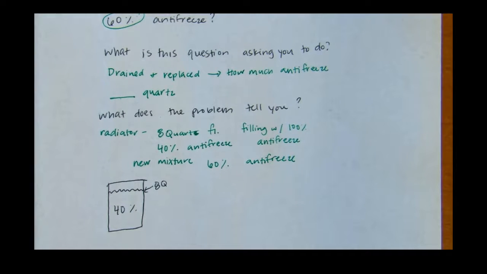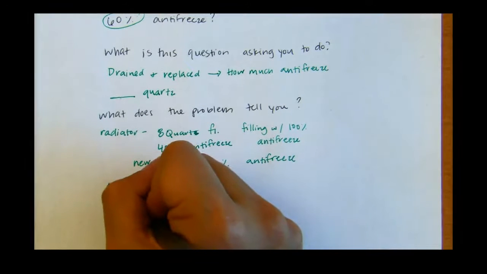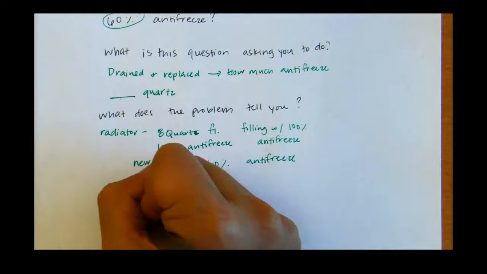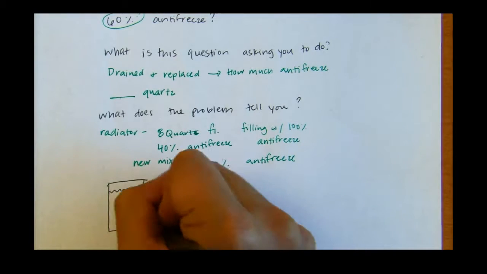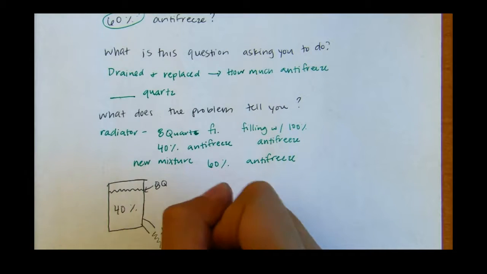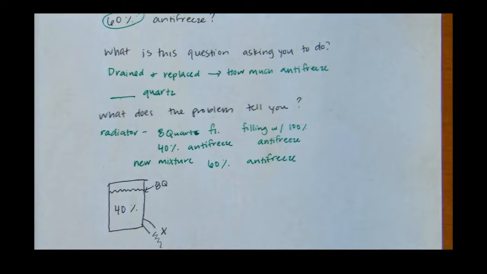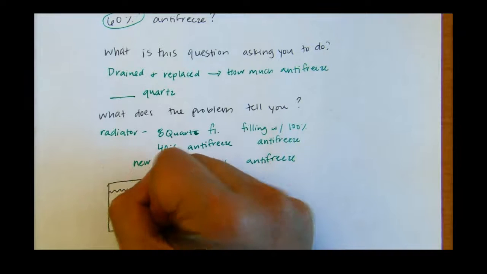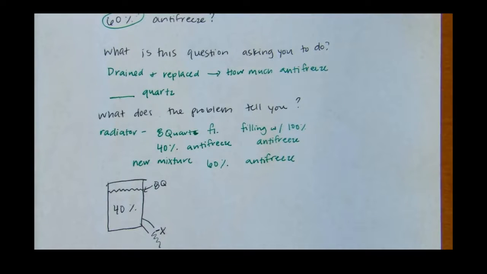And from that, I'm draining out, so I'll draw a drain, there's some liquid coming out. I'm draining out some amount of liquid. So I'm taking away some amount of liquid. I don't know what that is.